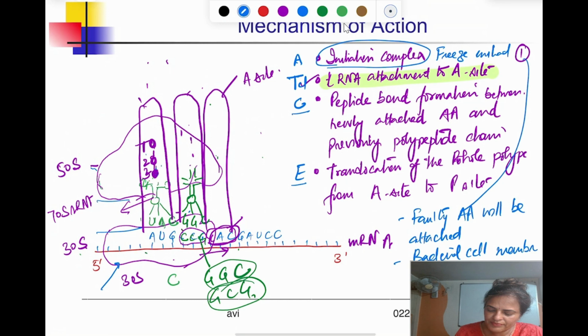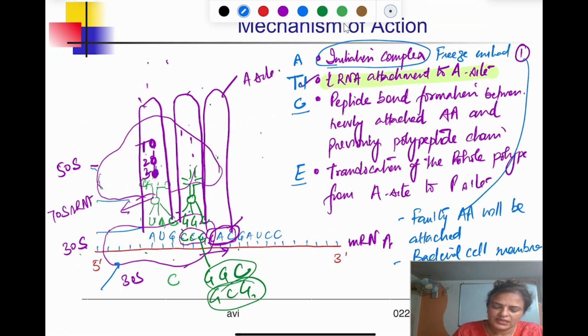The cell membrane becomes more permeable to ions and it becomes leaky. So the content of the cell will come out, and by this there will be lysis of the cell.